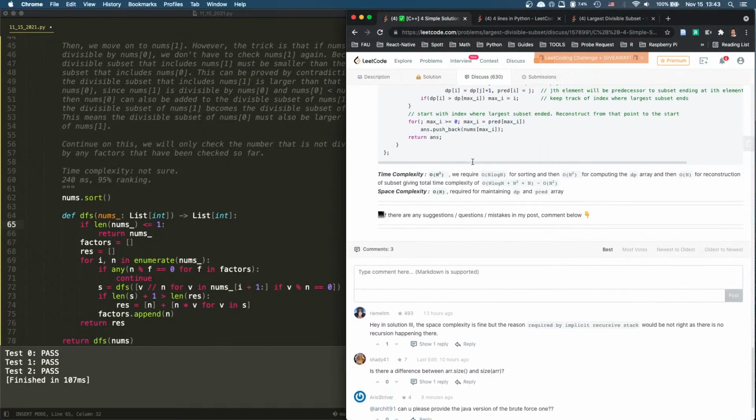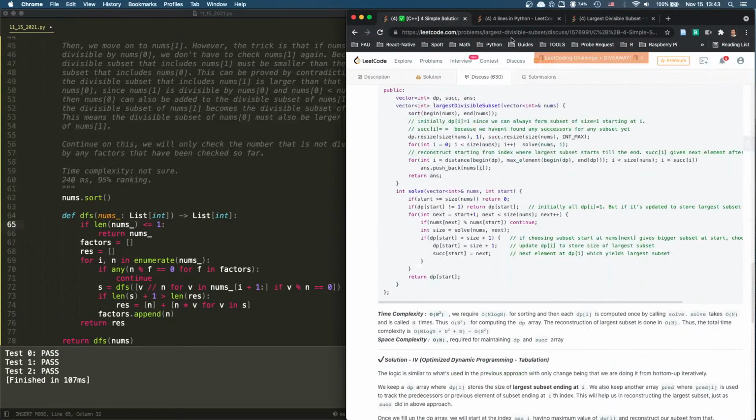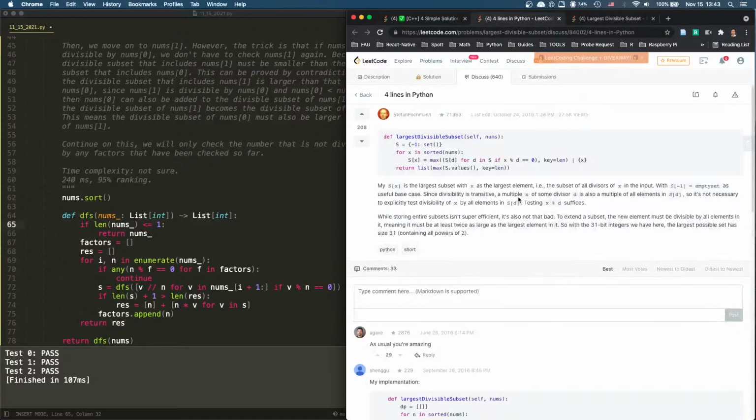O(n) squared. So it's O(n) squared. Is the largest subset with x as the largest element.